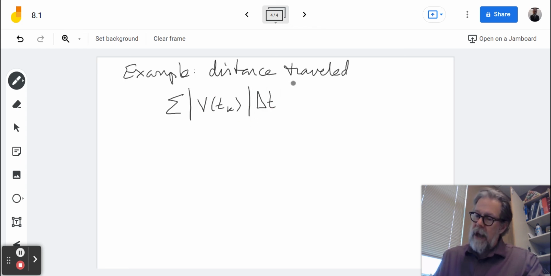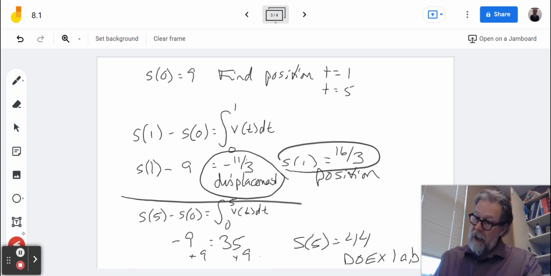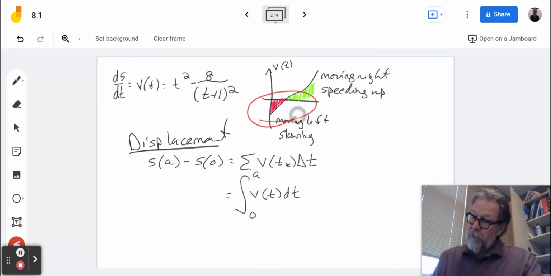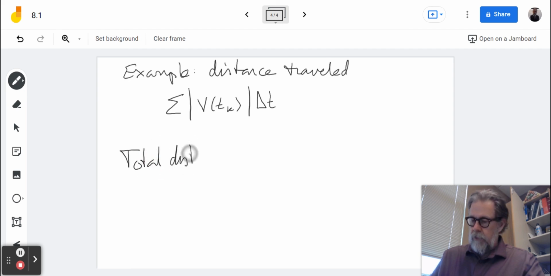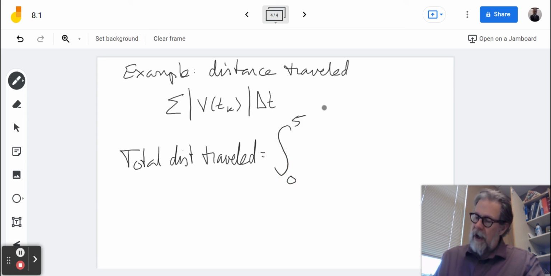So all those red rectangles that you saw back here, if we're talking about actual distance traveled, we actually traveled that distance. We don't want to take that off the calculation, which means that my total distance traveled in that first 5 seconds will be the integral from 0 to 5 of the absolute value of V of t dt.